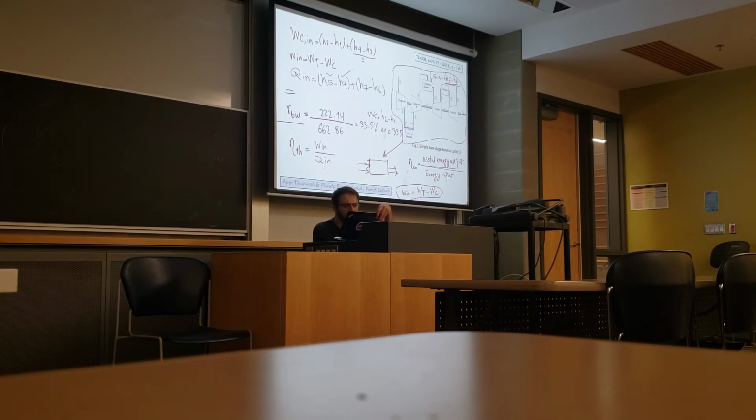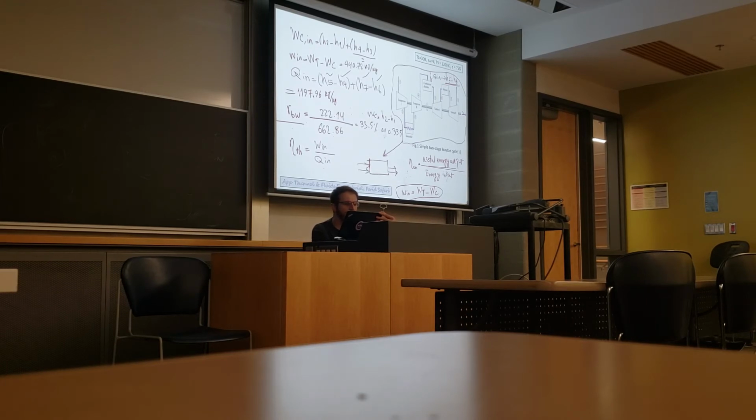So can you tell me the number for Qn? 1197.96. And for Wn, W net, 440.72. 0.7, right? 2. Okay.